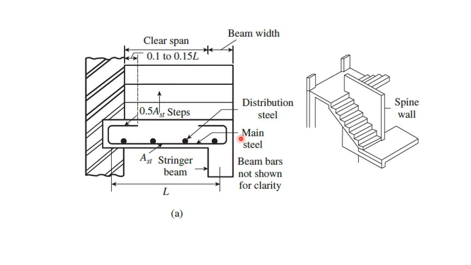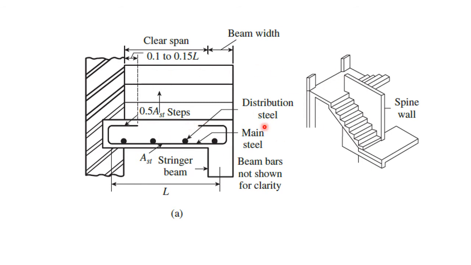In this landing slab we will again provide two types of steel. The one with the continuous line we call the main steel, and the one with the dotted line we call the distribution steel. From here to here, the extra length of the reinforcement we are providing is the development length, and that area is equal to 0.5 Ast of the steps.